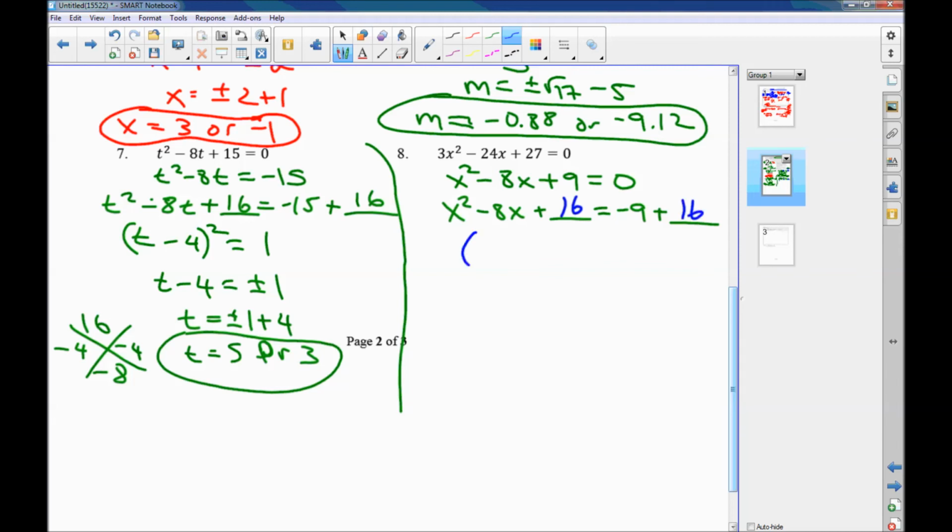Okay. Then we're going to do x minus 4 squared. And -9 plus 16 is 7. We're going to square root both sides to get x minus 4 equals plus or minus the square root of 7. When we square root it, the parentheses go away here. Okay, and then move the 4 over.